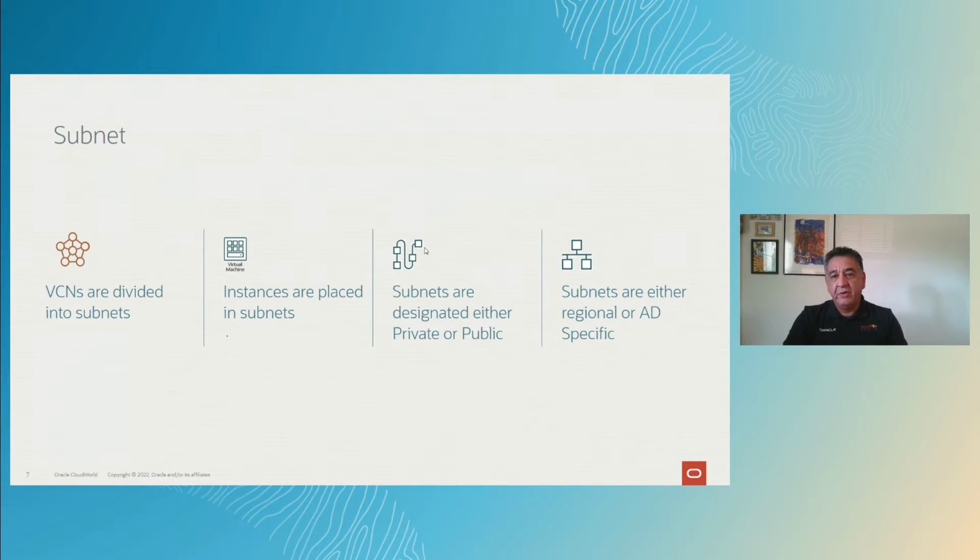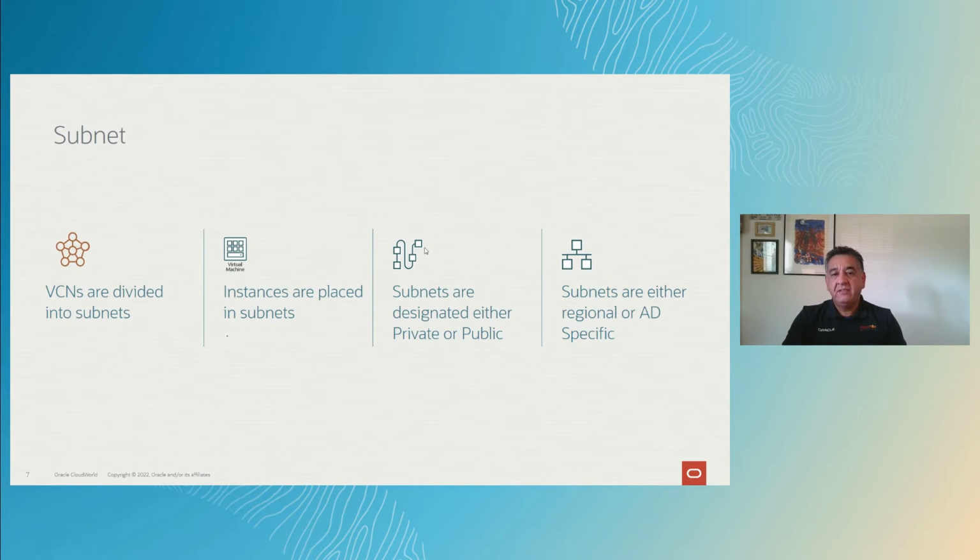Now, there's another category. Subnets can either be regional or availability domain specific. A regional subnet means that in those regions where we have more than one availability domain, the subnet that you create will span all the availability domains in that region. Typically, we have 4 regions, with 1 more coming, that have more than one availability domain, with 3 availability domains in the region.